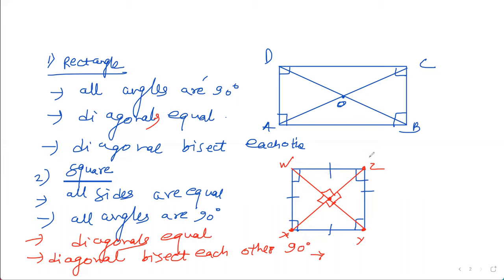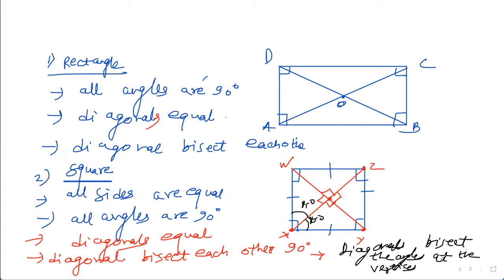This diagonal bisects the angle at the vertex, which means that at vertex X, this diagonal is dividing this angle into two equal parts, 45 and 45. Very, very important feature. So the diagonals bisect the angles at the vertices. I guess we are all clear regarding square.